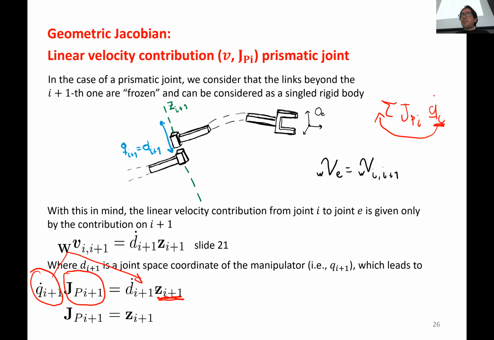I'm going to do an example with a 2R robot, and this is going to be a bit clearer. If we have a 2-dimensional robot, our vector is going to be something like this. So in the case of a prismatic joint, the Jacobian is constant. Then we'll see that for a revolute joint, this is not the case.